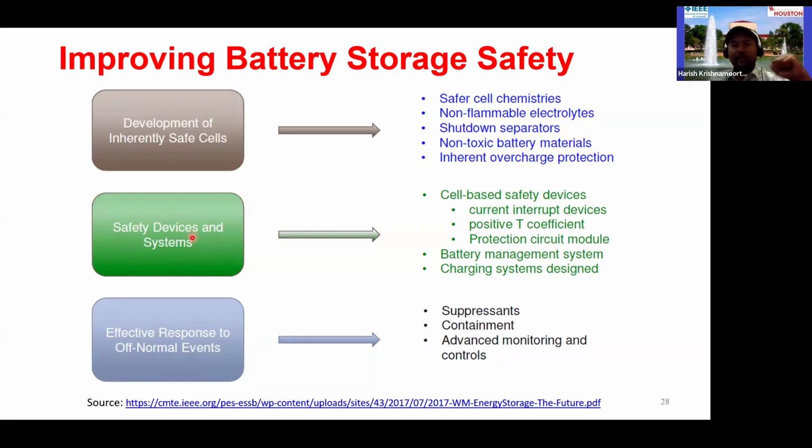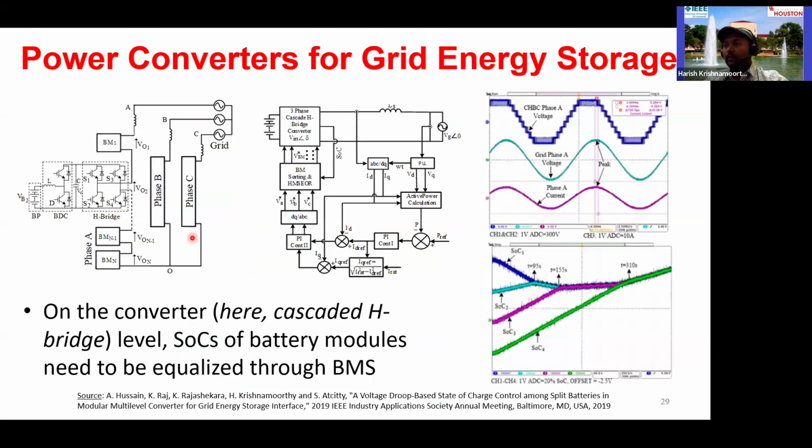We look at how to safely negotiate the charging and discharging patterns of the batteries, and make sure that the batteries don't exceed their voltage levels. One such research that we did is this multi-level power conversion system, where we distribute the batteries in multiple modules and use power converters like this.